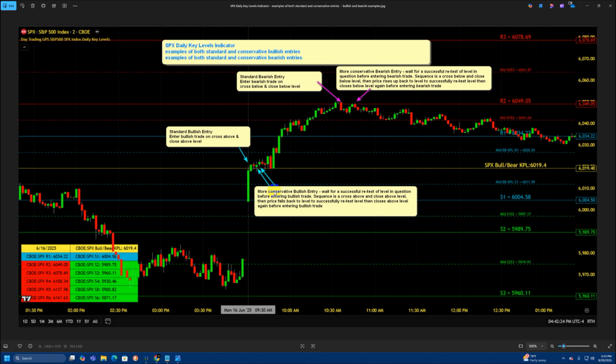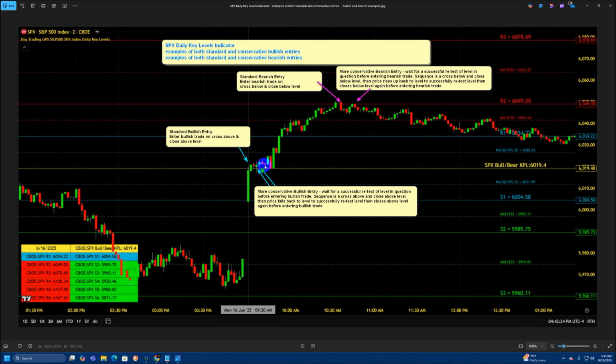Or if taking the more conservative bullish entry approach, you're waiting for a successful retest, for price to fall back to the level in question but still close above it, and that is your successful retest. So you could have entered on this candle, or if you did not on those, you could have entered on this candle here.